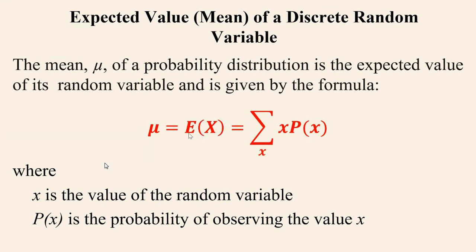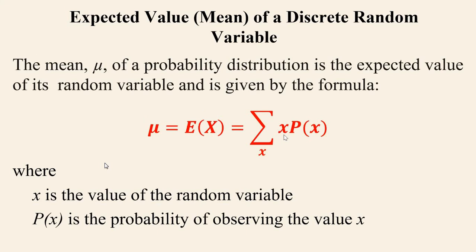Here E indicates expected value, right? And then in the bracket we put the variable we are considering. How are we reading it? Expected value of x equals summation of x, this small x, which are the values taken by the random variable, multiplied by the probability of x.